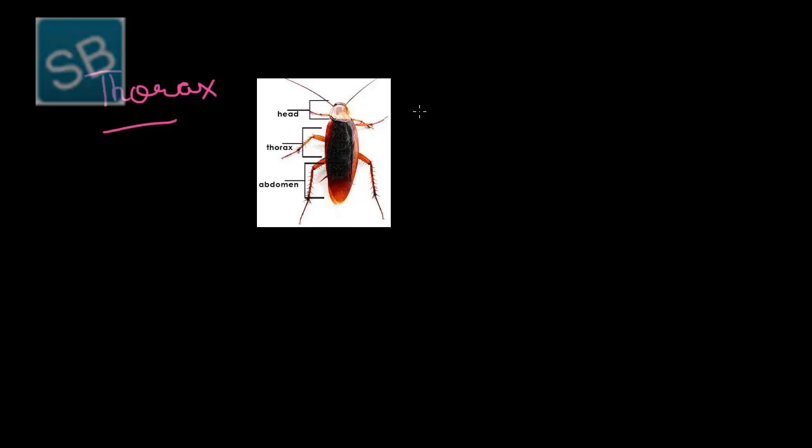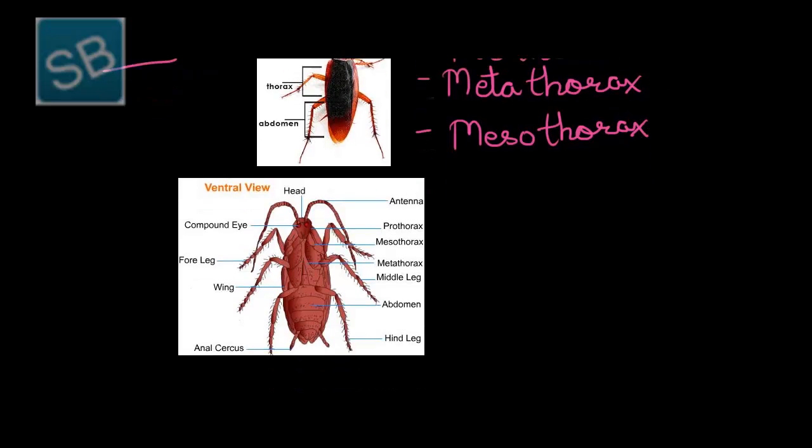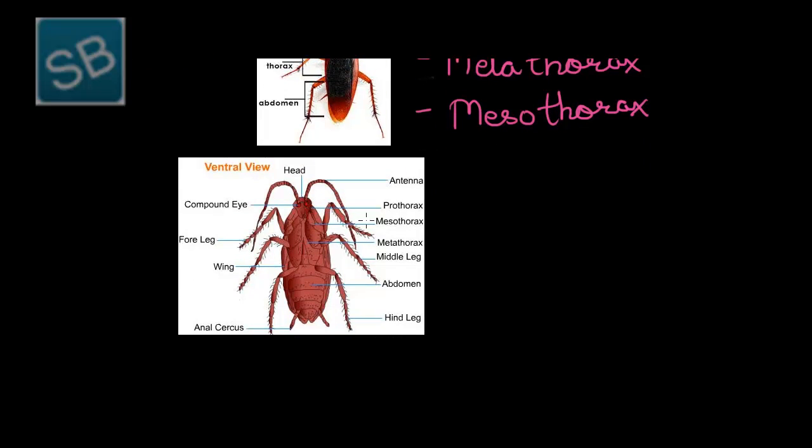This thorax basically consists of 3 parts, that is prothorax, mesothorax and metathorax. One pair of walking legs arises from the ventral side of each segment.